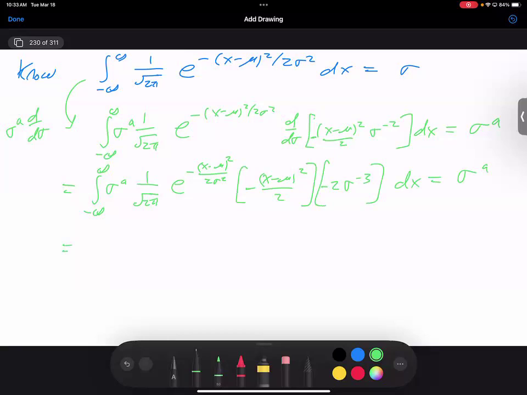And this is the integral from minus infinity to infinity, e to the negative x minus mu squared over 2 sigma squared.